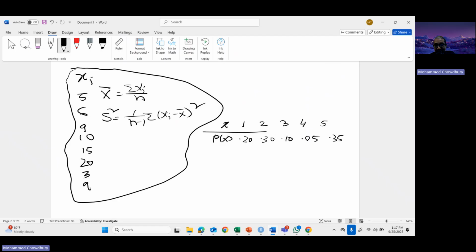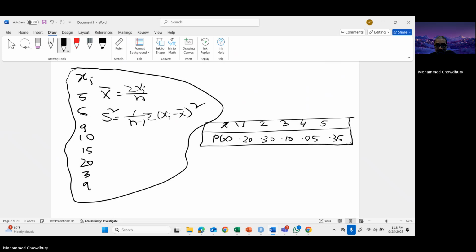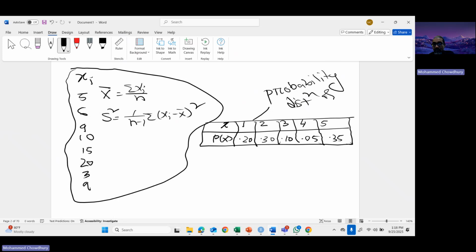If data is given this way, then the values of the random variable and the probability for each outcome is called the probability distribution of random variable x. If this is the format, then you have to find expected value.